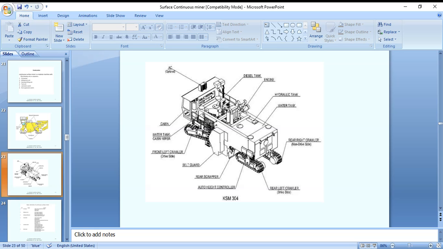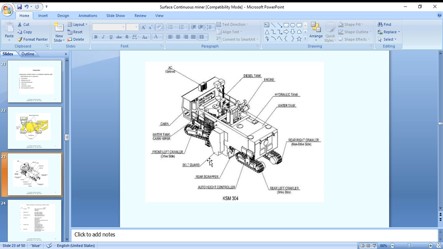Now, this is another schematic diagram. Rear lifting, these are the rear lifting units. Auto height controllers are also there. Water tank for sprinkling water on the picks for heat reducing. Hydraulic tanks are there. Rear scraper, so it is getting material inside.